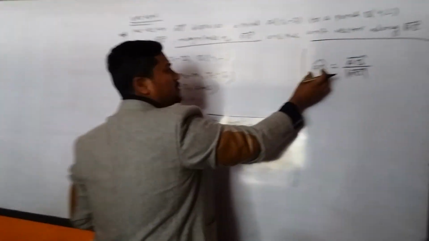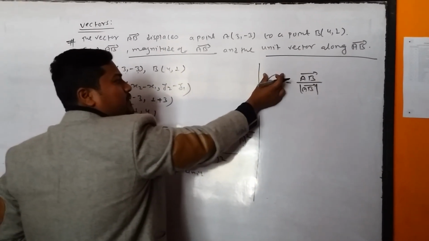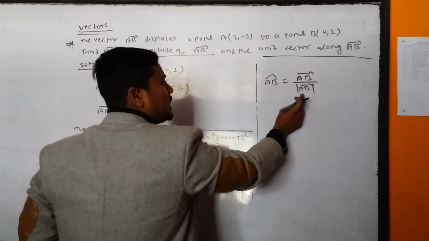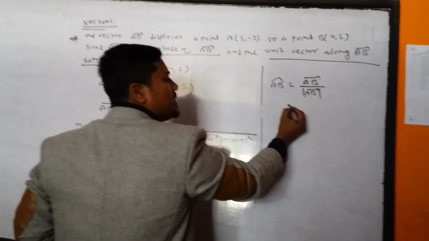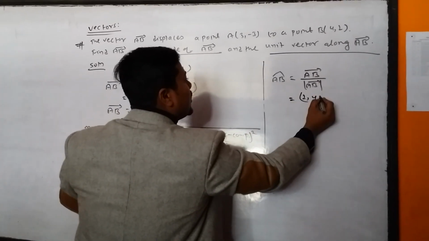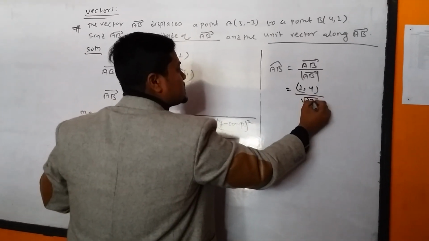Now in the third part, the unit vector along AB vector, the unit vector formula is AB vector divided by magnitude of AB vector. AB vector is 1, 4 and the magnitude of AB vector is root under 17.